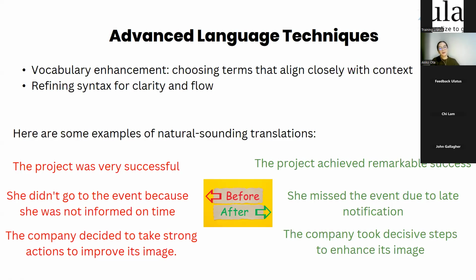And we agree with your suggestion because especially this part, rephrasing take strong actions to took decisive steps, makes the expression more idiomatic and natural. And it also makes the sentence sound smoother and more polished.